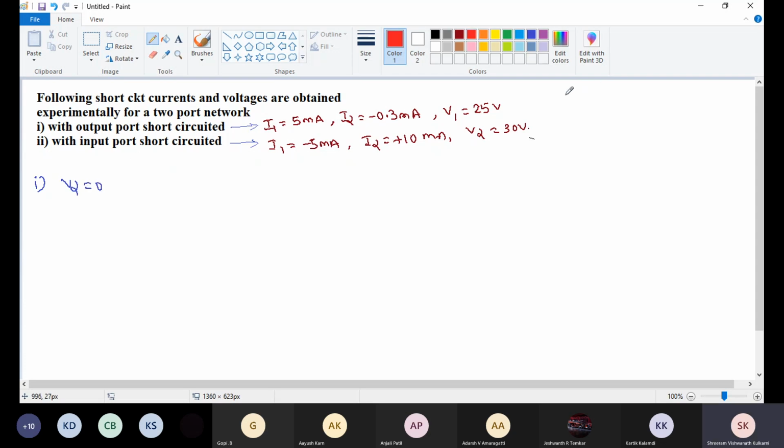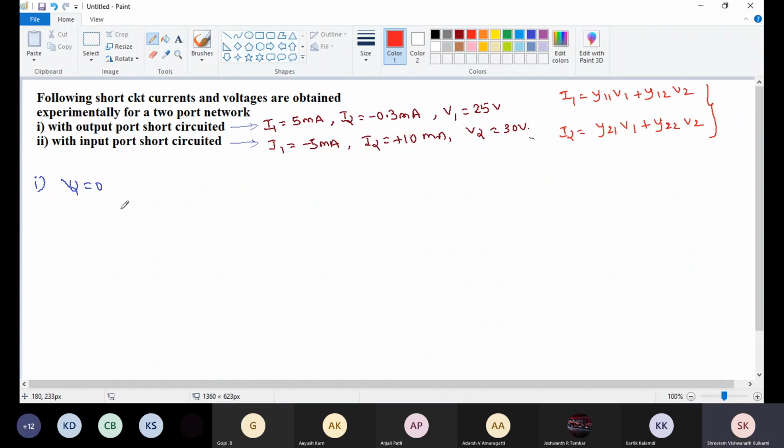Now tell me the equations for Y parameter in terms of I. I1 equals Y11 V1 plus Y12 V2, then I2 equals Y21 V1 plus Y22 V2. Okay, now V2 equals 0. What will happen to these equations?